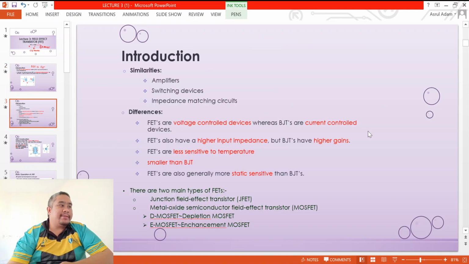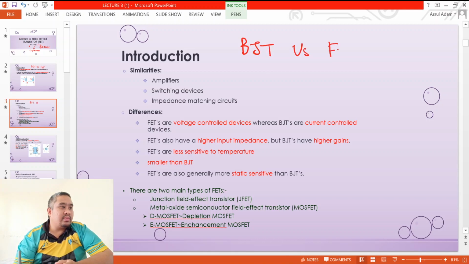For the introduction, there are similarities and differences between BJT and FET. What is the similarity?